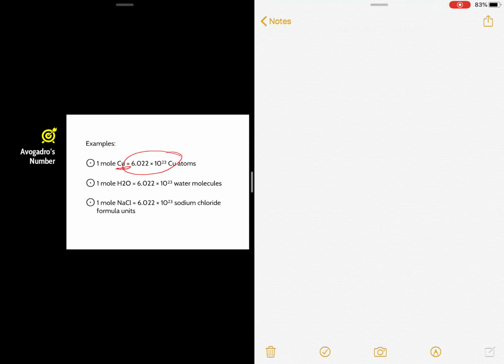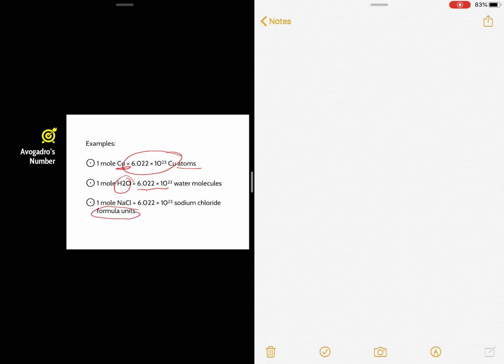For example, 1 mole of copper equal siya sa Avogadro's number of copper atoms, 6.022 times 10 raised to 23 copper atoms. 1 mole of water is a molecule, it's equal to 6.022 times 10 raised to 23 water molecules.